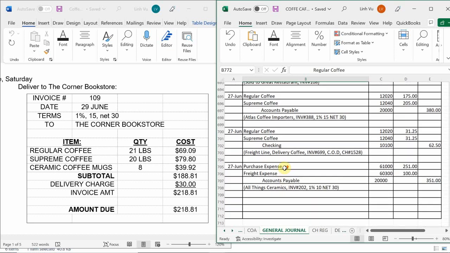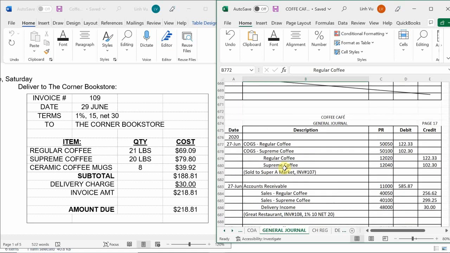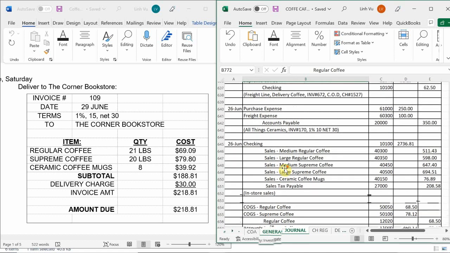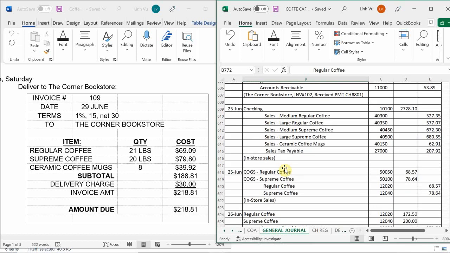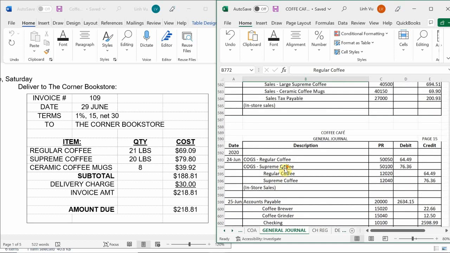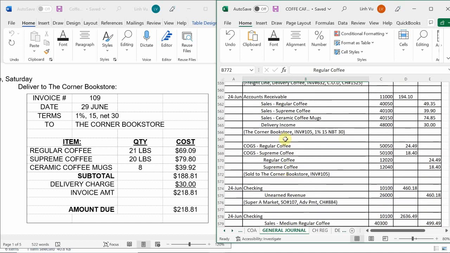Okay, let's see. Accounts receivable, sales. Accounts payable, checking. Here, perfect. Accounts receivable, sales, regular coffee, sales, supreme coffee, and ceramic coffee mugs with a delivery charge.